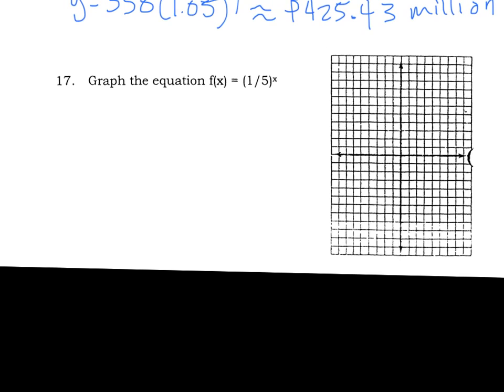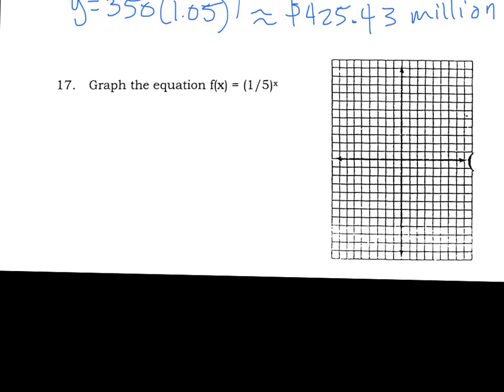Always keep those fractions in parentheses, 1/5 to the x power, and using my table, I can find that negative 1, 5 is a point on this graph, and 0, 1 is a point on this graph, and 1, 0.2.